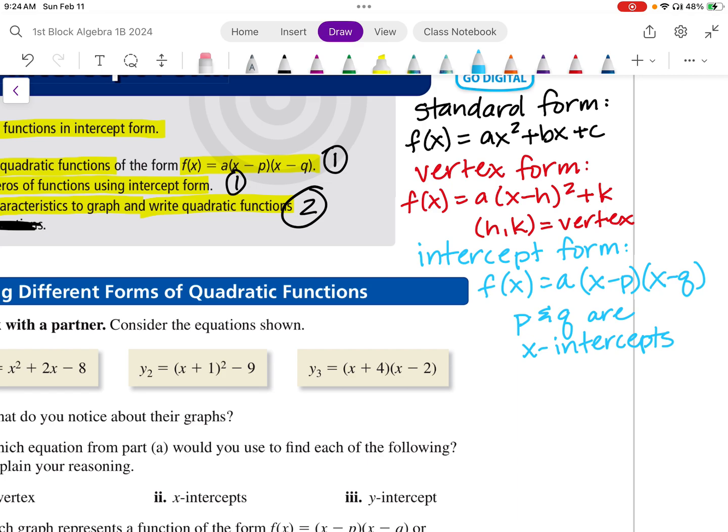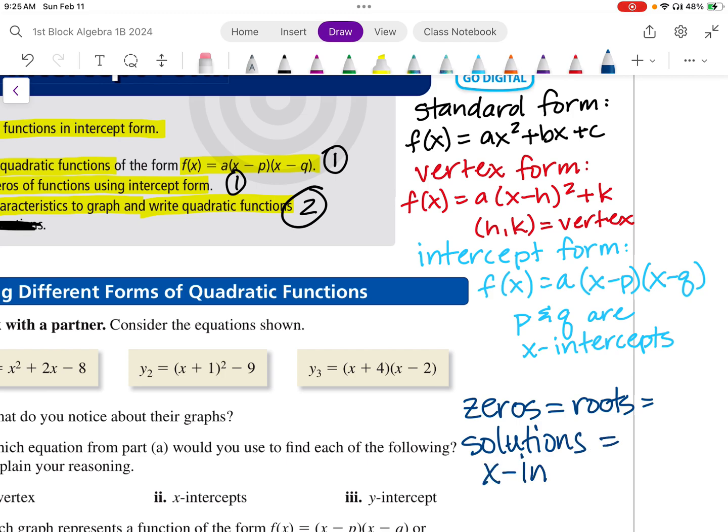All right, well, we have talked about x-intercepts a lot. I mean, like for every single lesson. And we've talked about this a lot too, we have some vocabulary where zeros is the exact same thing as roots, is the exact same thing as solutions, is the exact same thing as x-intercept.